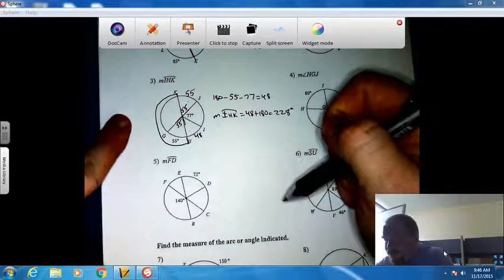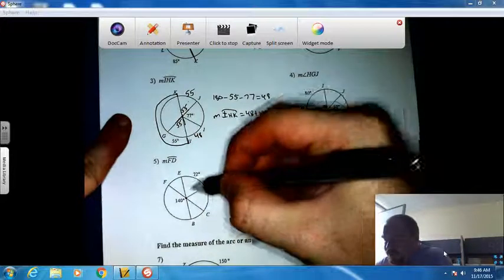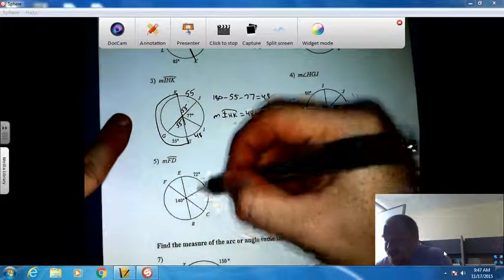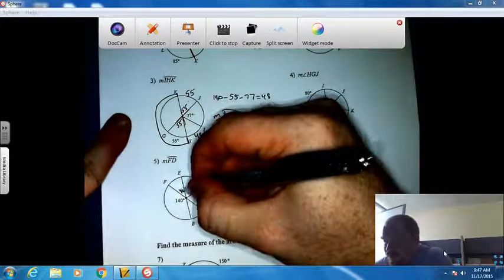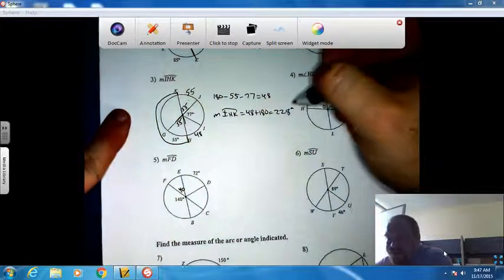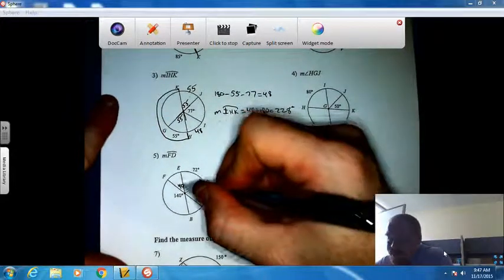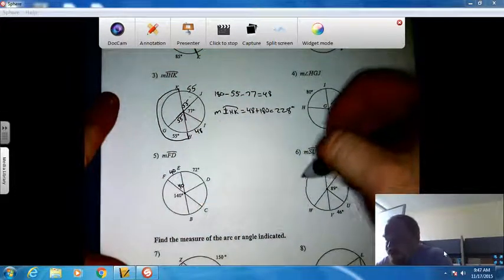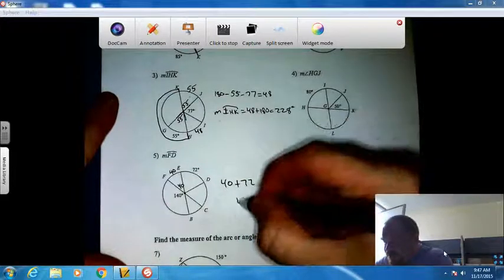Well, here's the good news: if this angle is 140 degrees, that means that because this is a diameter and a straight line, that makes this a linear pair, so this is 40 degrees, because they have to add up to 180. So if the central angle is 40 degrees, that means the measure of the arc is 40 degrees. And now I can find that easily. 40 plus 72. That's 112.